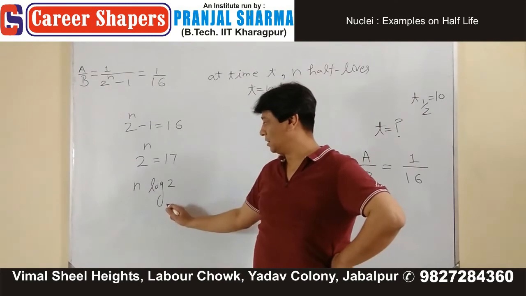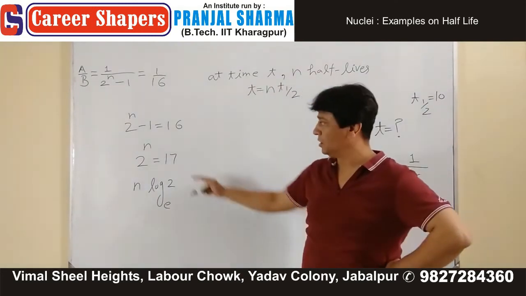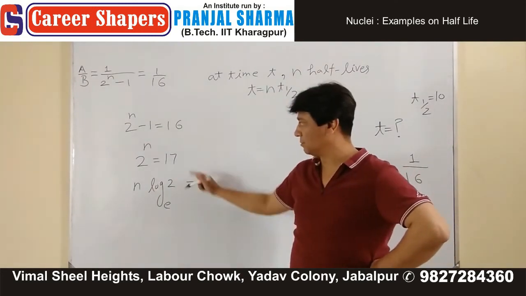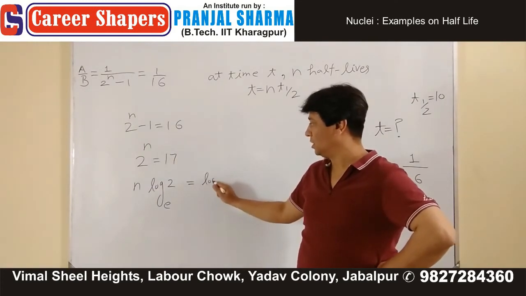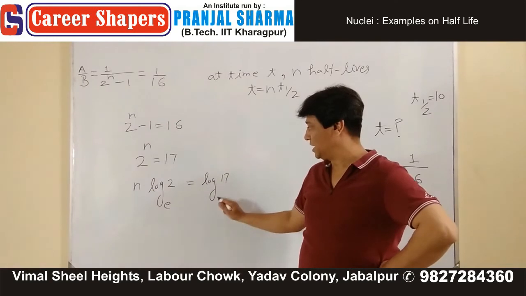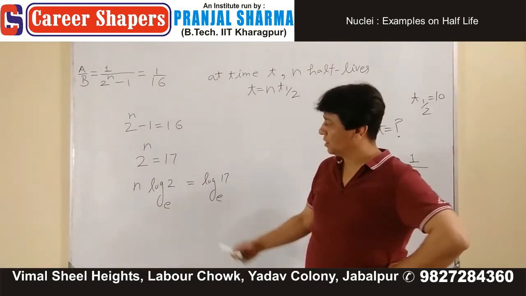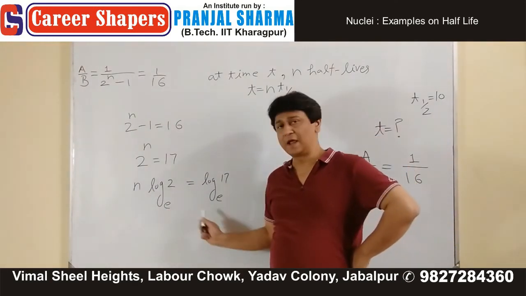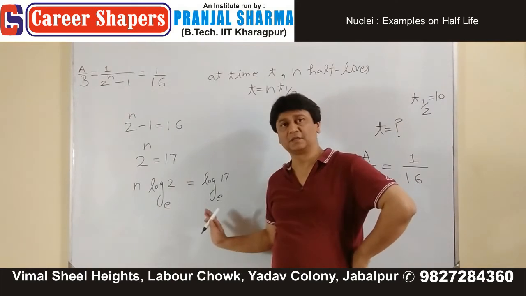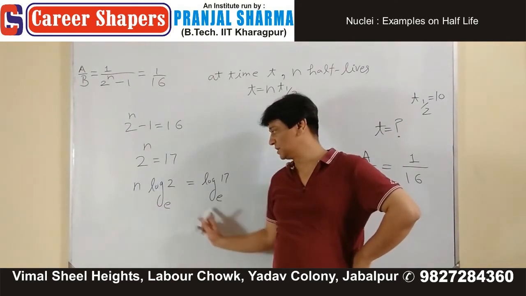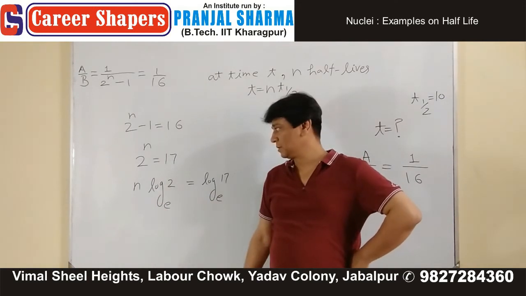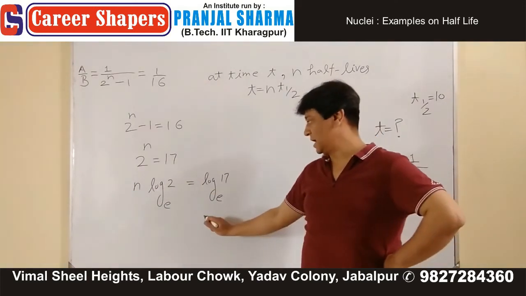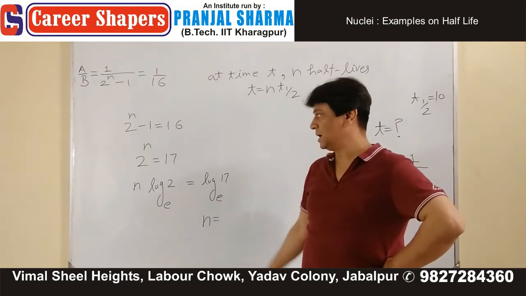You can take the log with base e, doesn't matter, because you'll be taking log at this place also, which is log 17 base e. You can take the log with base 10 or base e, it doesn't matter, because both places you are using log. This gives us n as what?